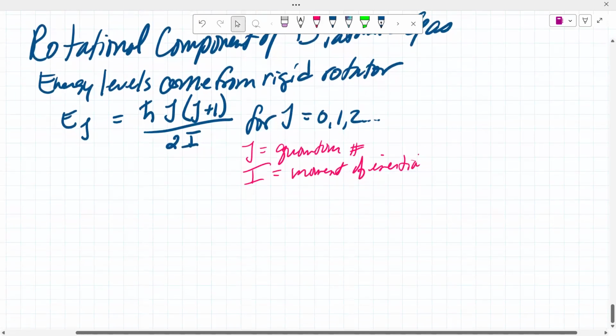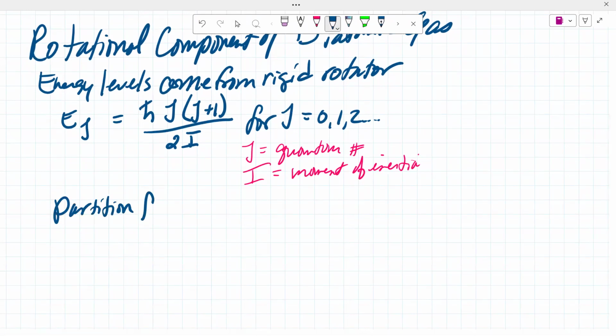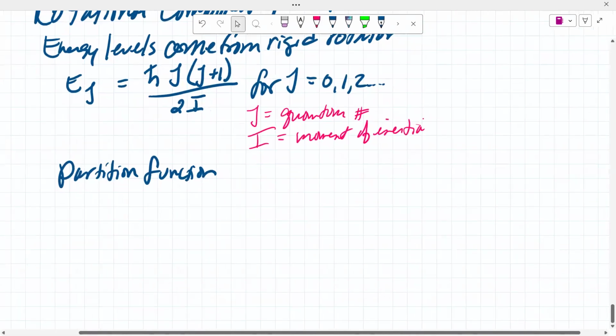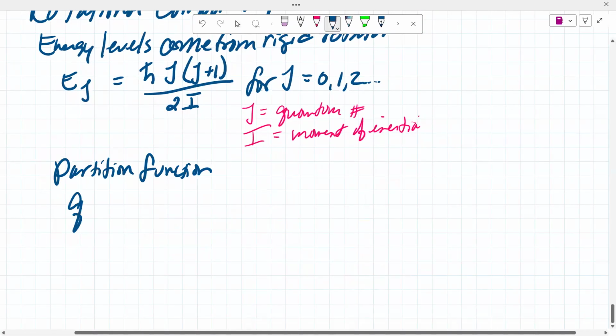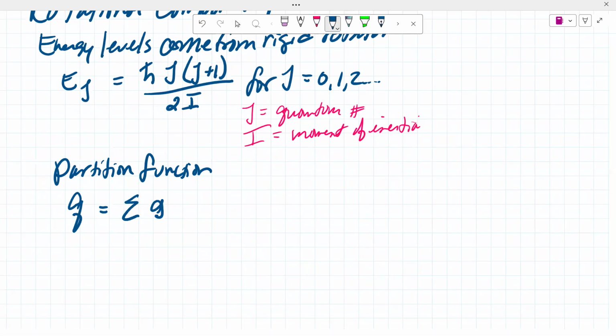So now we can write the partition function. In the general form, q equals the sum of g e to the negative beta E_J.